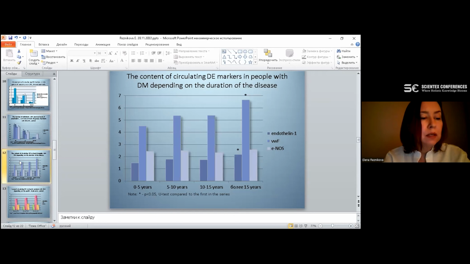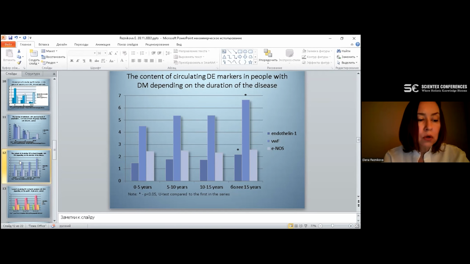When analyzing the dependence of the severity of endothelial dysfunction on diabetes duration, it was found that the violation in the endothelial profile in patients with different duration of diabetes aggravates with an increase in the duration of the disease.